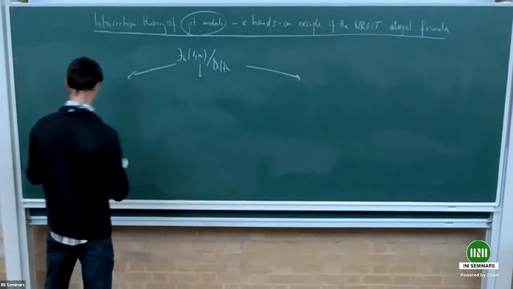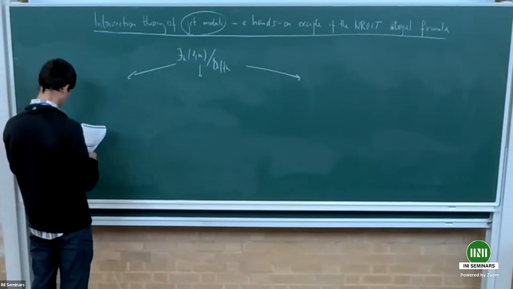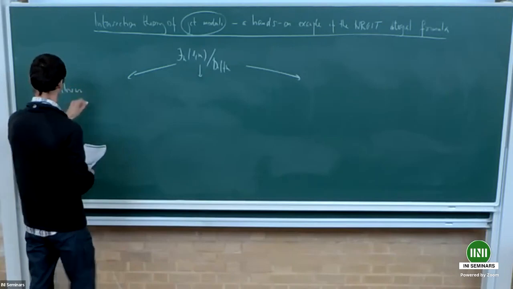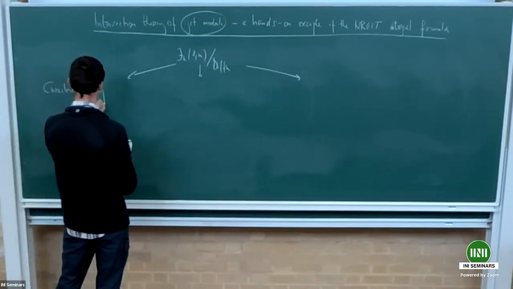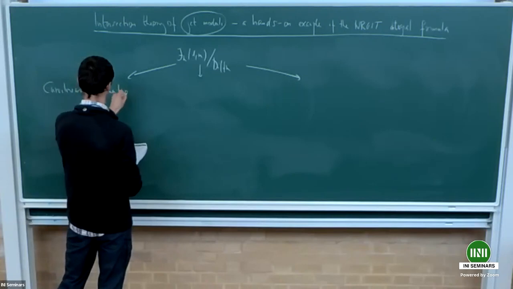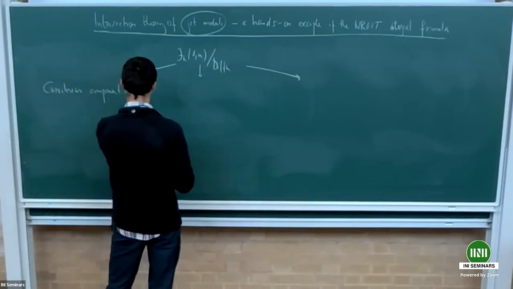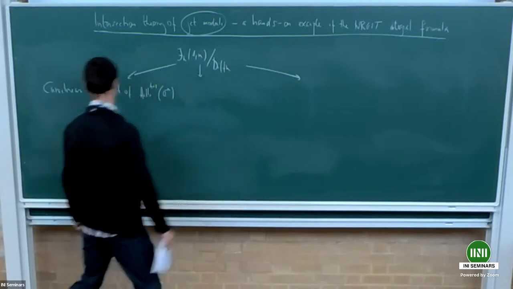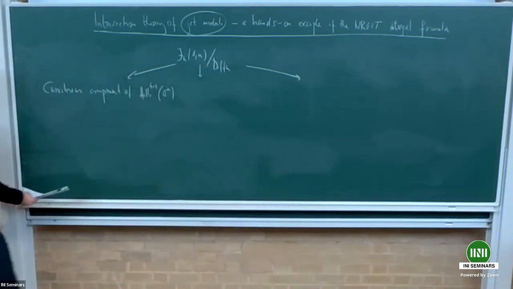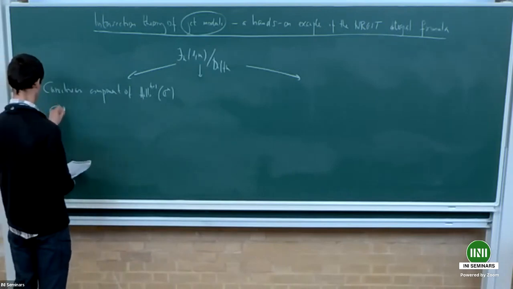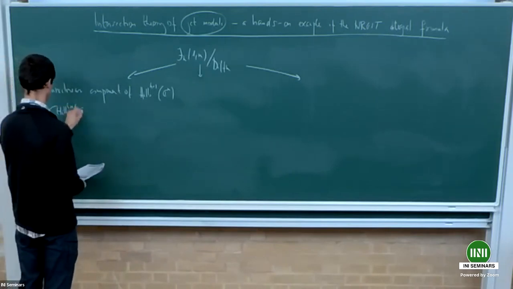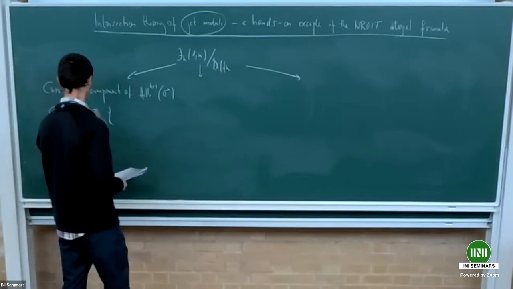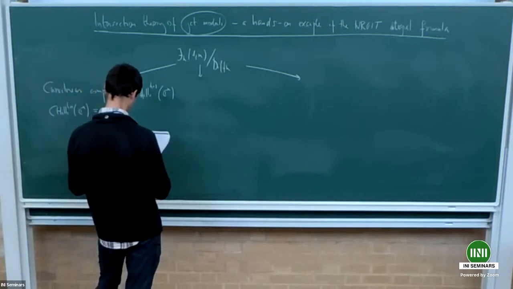So the first one is a certain component which we call the curvilinear component of the Hilbert scheme of k+1 points on C^n. What is this? I denote it by CHilb^{k+1}(C^n). You take the curvilinear locus, the set of curvilinear subschemes.